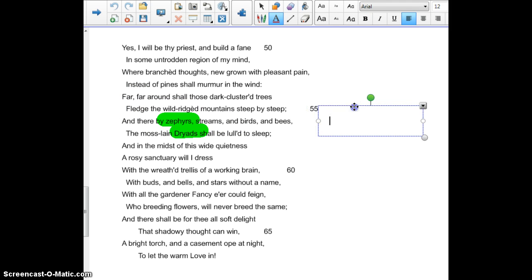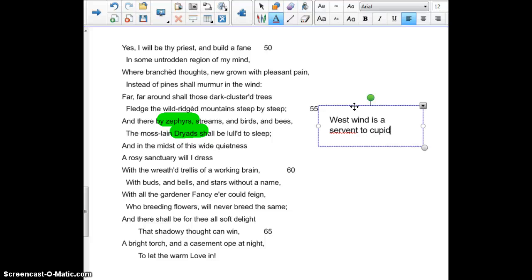Zephyr is the name of the west wind, and he is a servant to Cupid. Pardon my spelling.